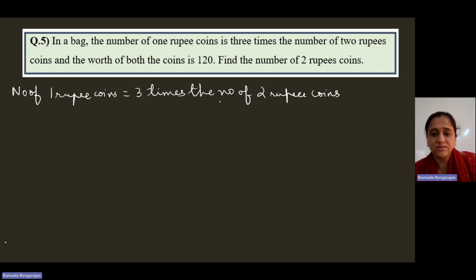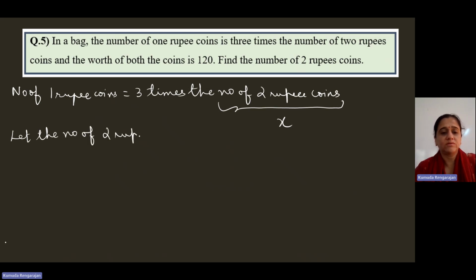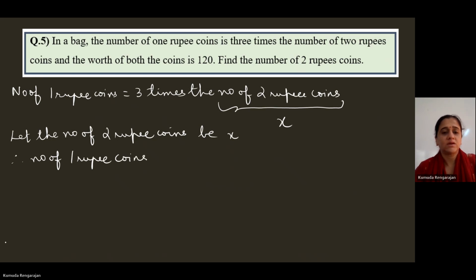Okay, so we'll call this one x. Let the number of 2 rupee coins be x. Therefore, the number of 1 rupee coins is equal to 3x.